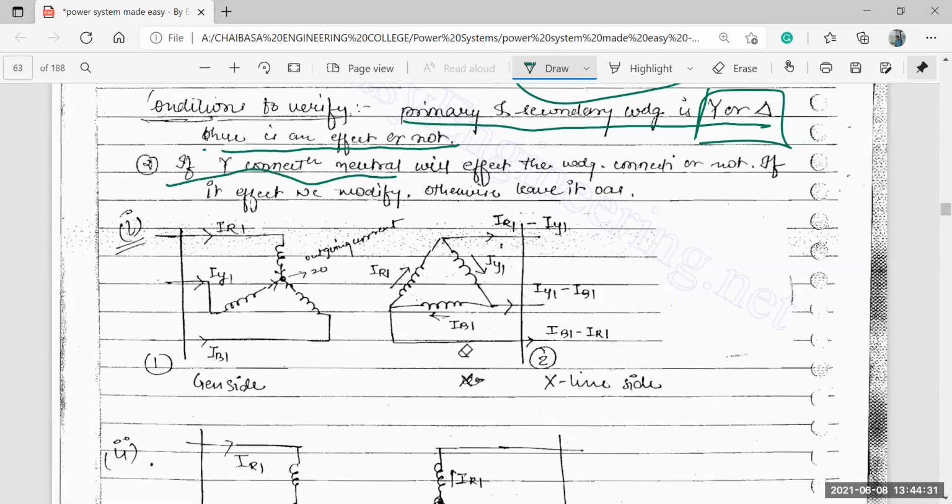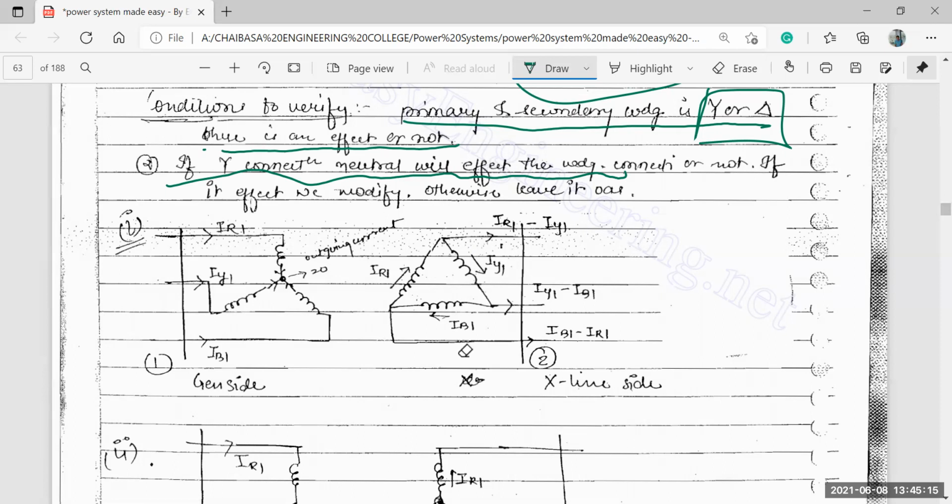Now consider if Y connects neutral while delta. It is written that if the Y connection neutral will affect the winding connections, then we modify; or it may also not disturb. If it affects, you modify, otherwise leave it as it is.